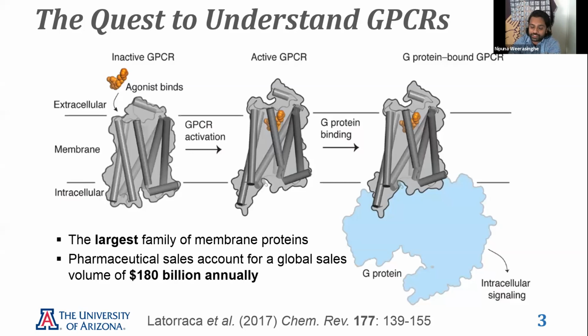However, all these drugs only target around 50 GPCR out of more than 800 GPCR in our genome. And therefore, there is a huge potential to target more new GPCR and also improve the efficacy of already available drugs through understanding the structure-function relationship of GPCR.